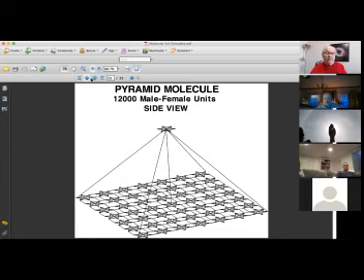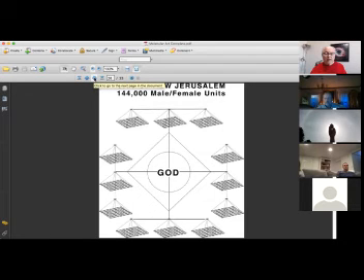And then the final step is the city of the New Jerusalem, composed of 144,000 male-female units, or 288,000 individuals, creating the 144,000 representative of the New Jerusalem.